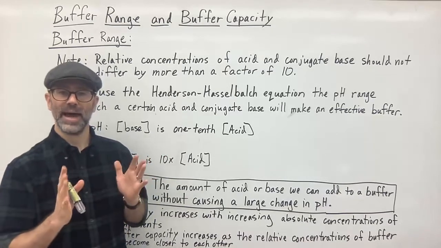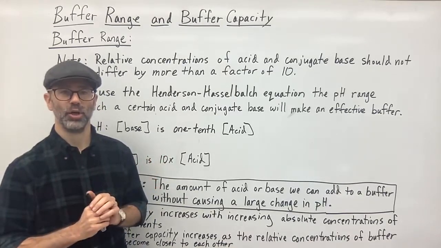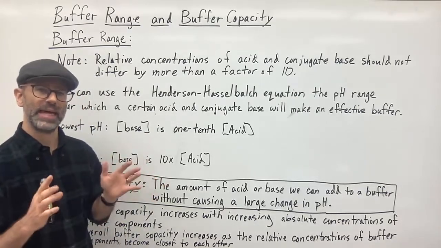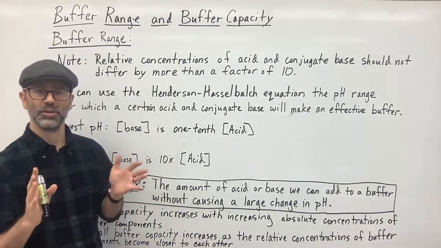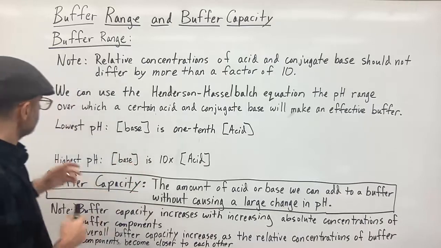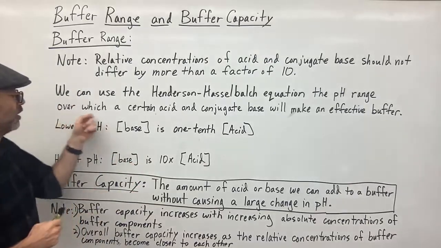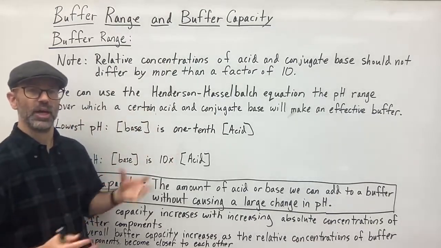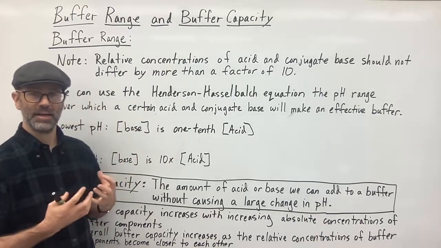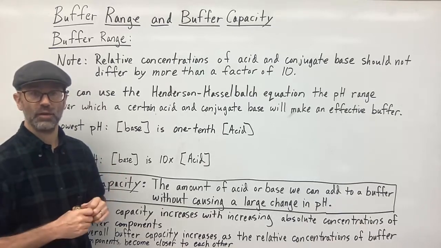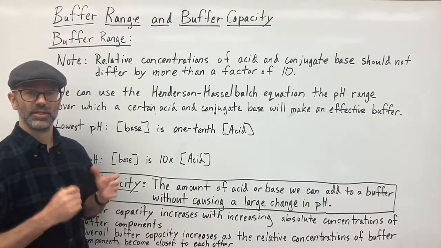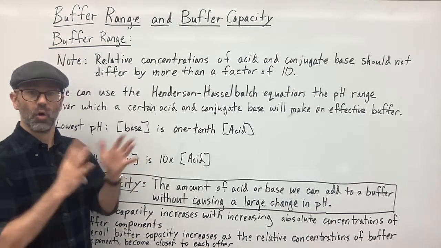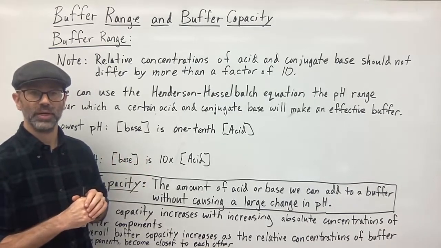So we can take that fact and use the Henderson-Hasselbalch equation to find the pH range of any buffer solution. For a particular acid and conjugate base, if we were to make a buffer out of those two, we can see over what pH range this buffer would still be an effective buffer.